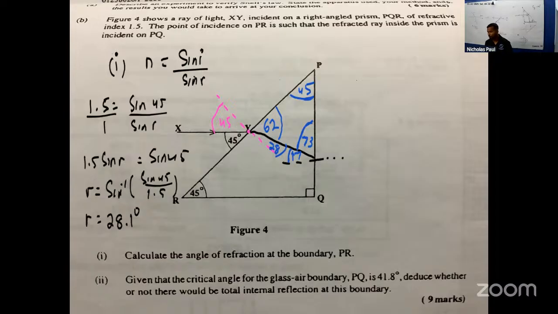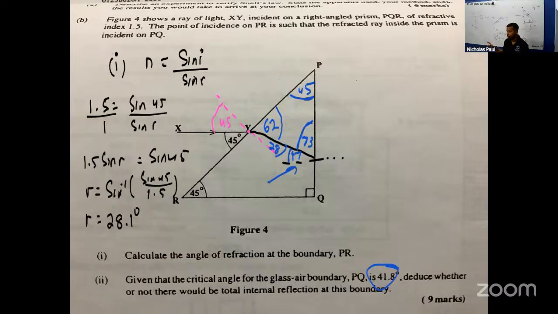So what do you think will happen to the ray? Here is 17 degrees. And they told you the critical angle is 41.8. What do you think will happen? Will it undergo total internal reflection? Because it's smaller, right? So if it's not undergoing total internal reflection, what will happen to the ray?